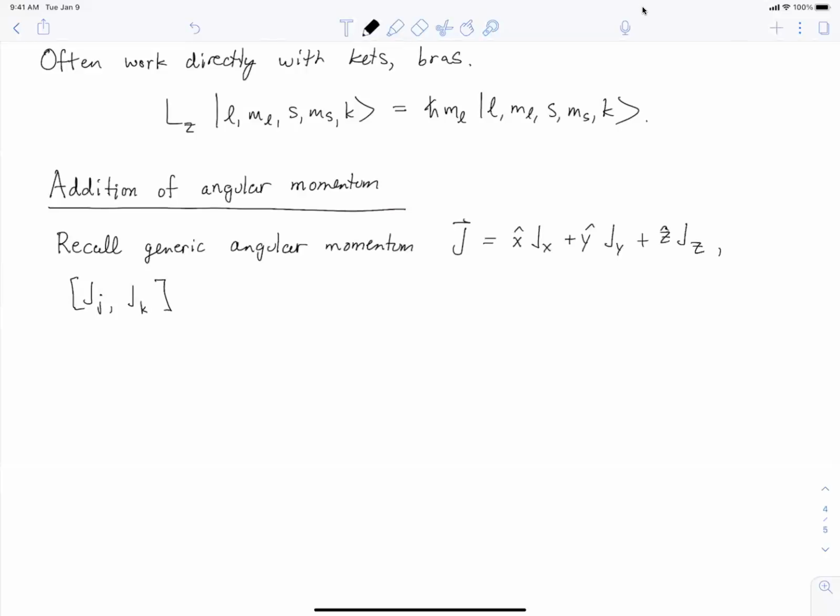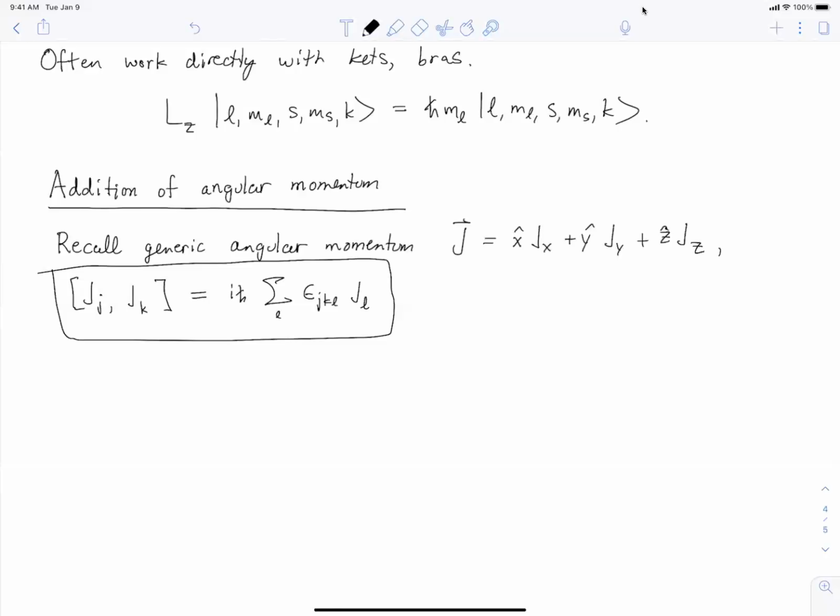And so if I take the commutator of any two, it has to be very specifically i h bar sum over L times epsilon jkl times J sub L. Which just means if I take the commutator of Jx and Jy, for example, then I get i h bar times J sub z.